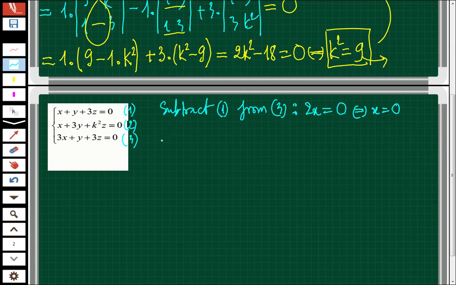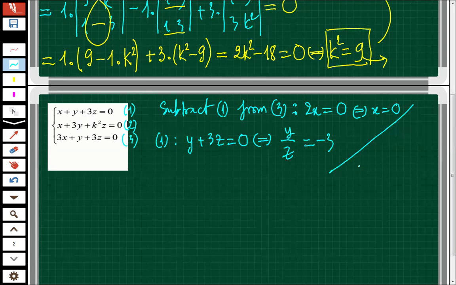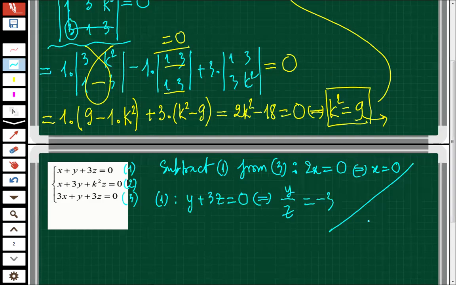And from this, equation 1 becomes y plus 3z equals 0, or y over z equals minus 3. With these values, we can come back to find the final result.